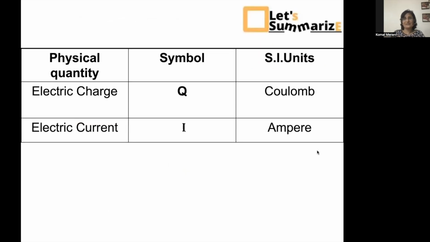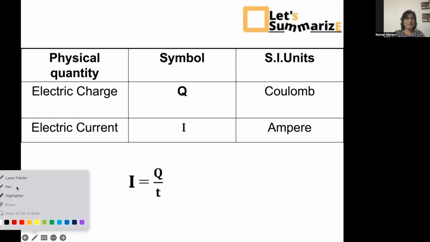So let's summarize. Charge has the symbol Q, unit coulombs. Current has a symbol I, unit is amperes. Let's understand the formula. I is equal to Q by T. I have a very easy way to remember this.